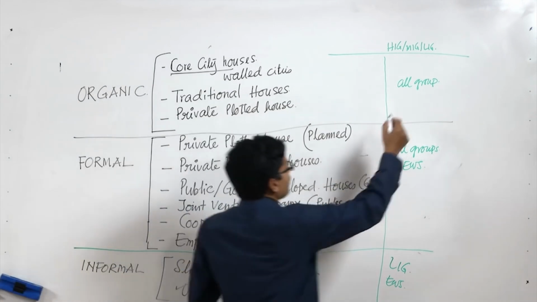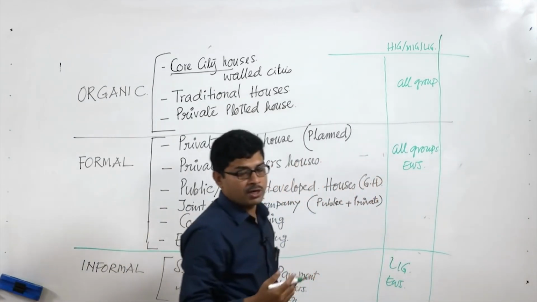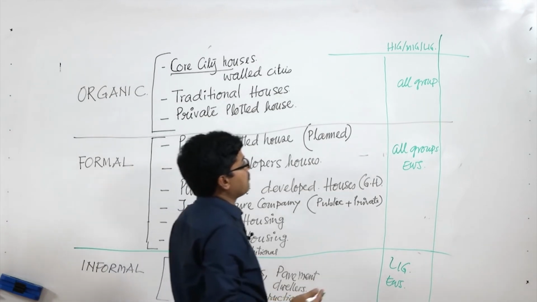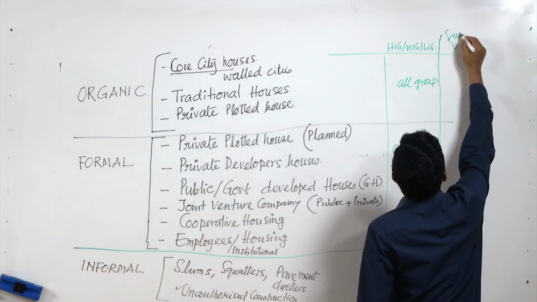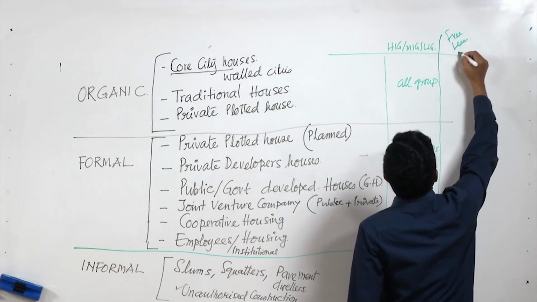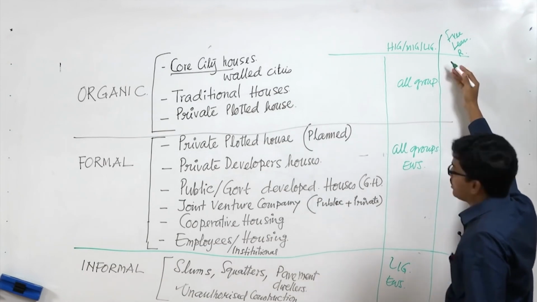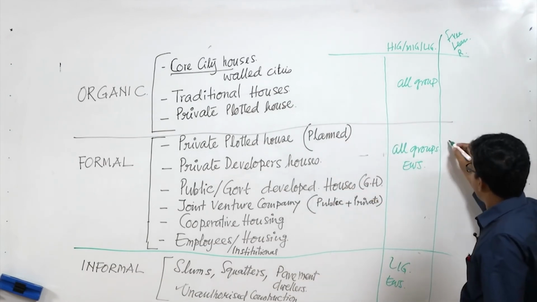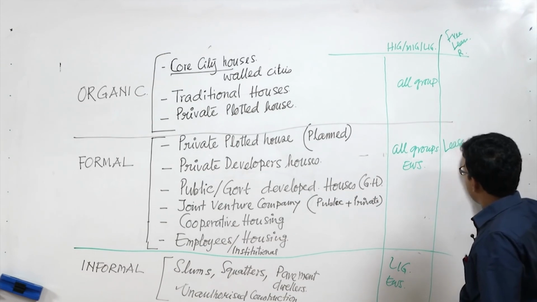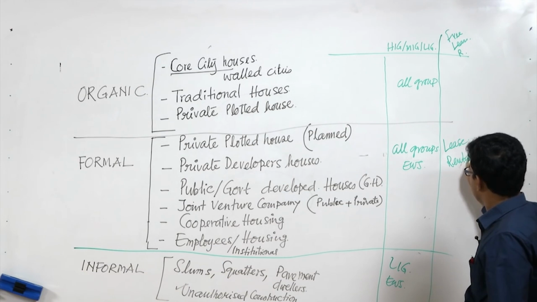Now, if we take the other classification of the housing condition, like freehold, leasehold, or rental house, we will see that organic houses are mostly freehold, whereas among formal houses there are more cases of lease condition or rental houses, or it can be freehold also.